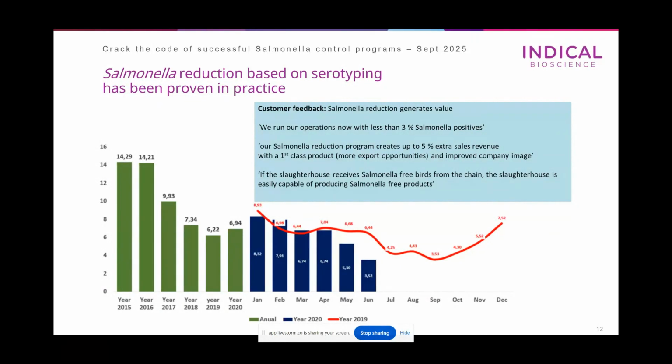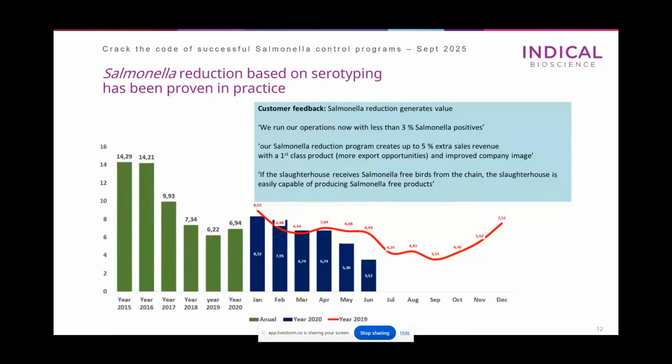But after that, you see a clear reduction of salmonella in the whole production chain of their operations. It can never go to zero. When someone says that they are totally free of salmonella, it is pretty much impossible, because salmonella is always present. But you can at least go to 3 to 1%, as I'm seeing in Europe, which is really a successful salmonella control program.